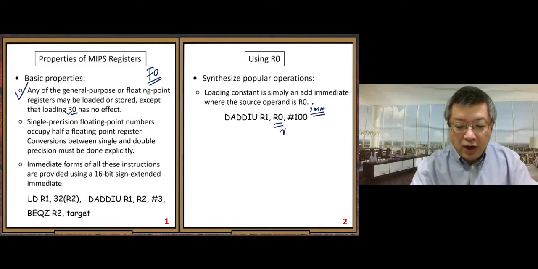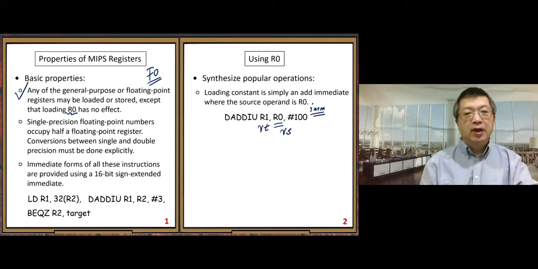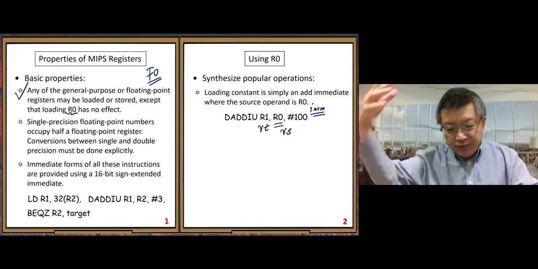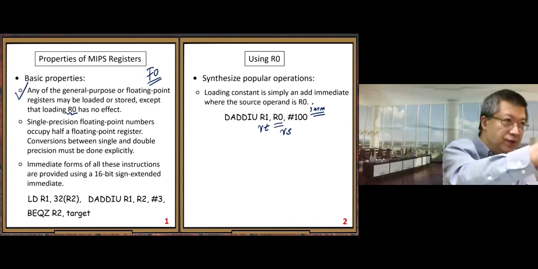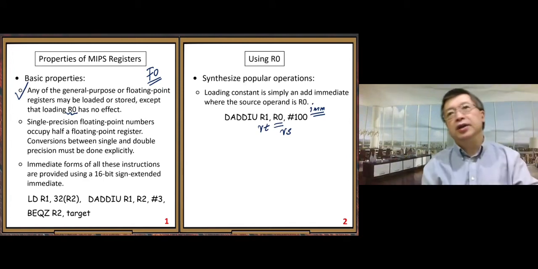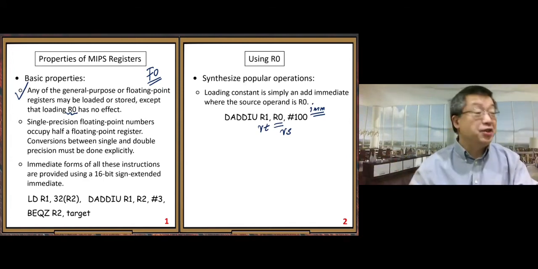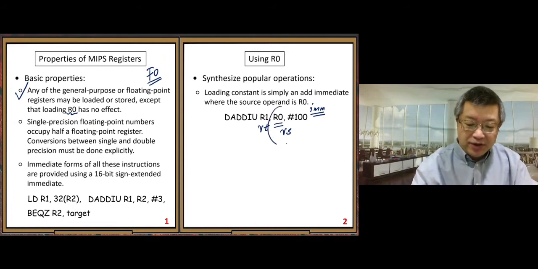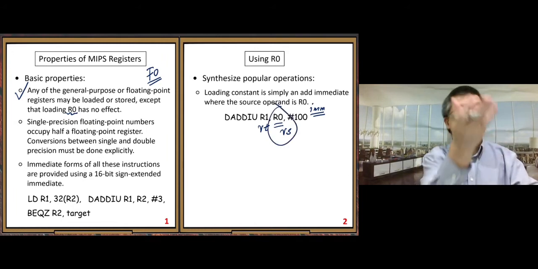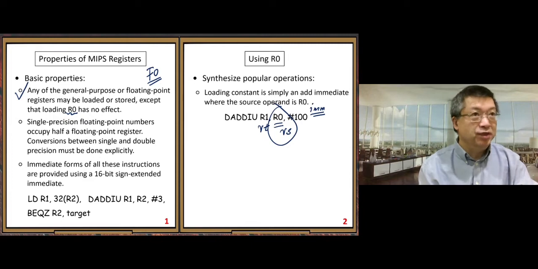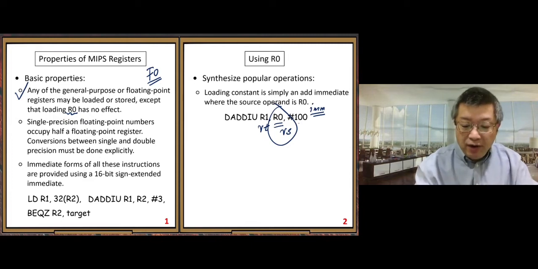So this is RS. This is RT. Okay, so when you do this, you copy constant to a regular register. That's simple. But this R0, because it is zero value, you do not change the value of this constant.